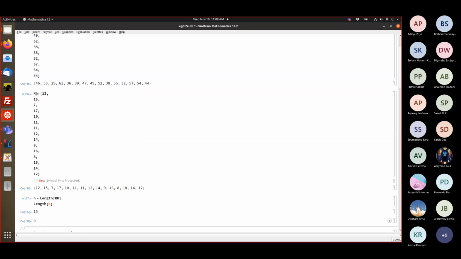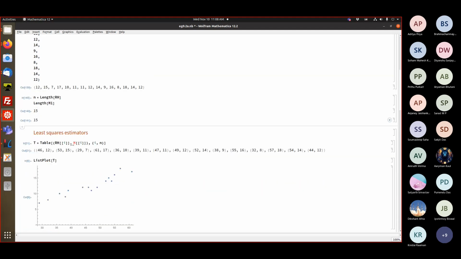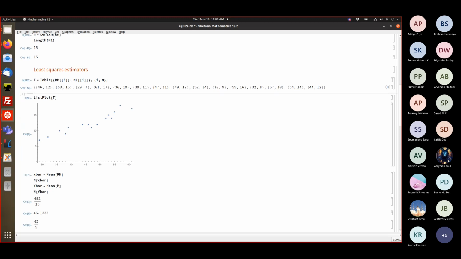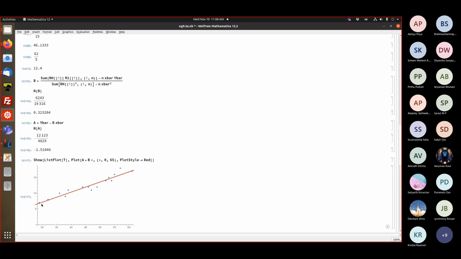Okay, so I cannot use m now, so I have to change this. Let me call it m1. So we had done the least squares estimation, and we had found this curve which fit this data fairly well.